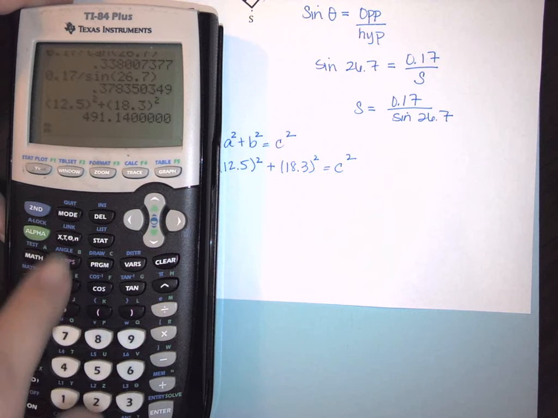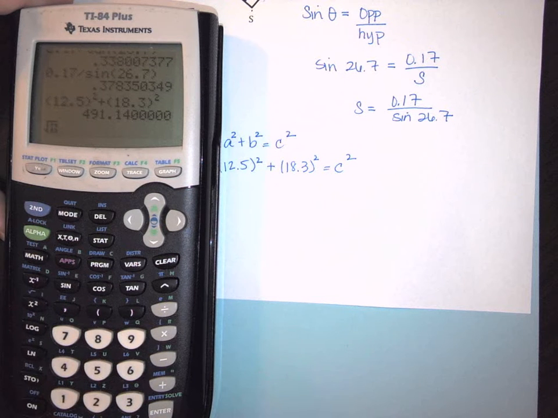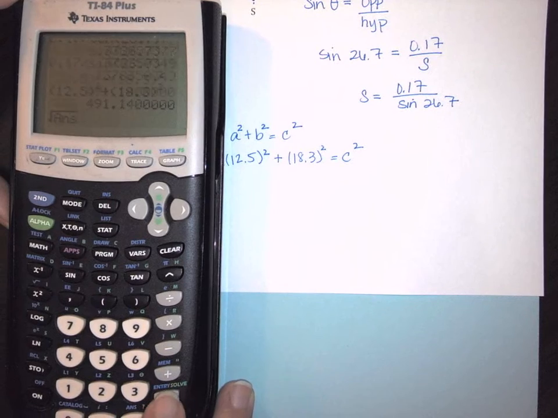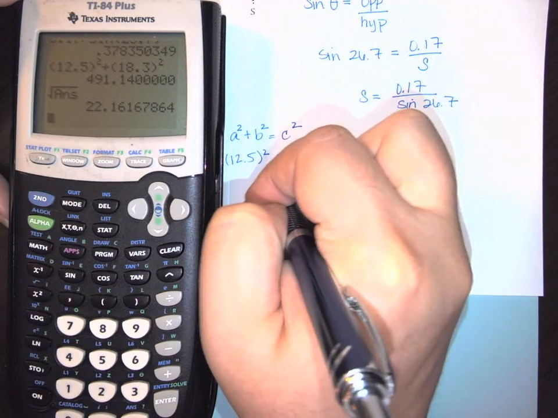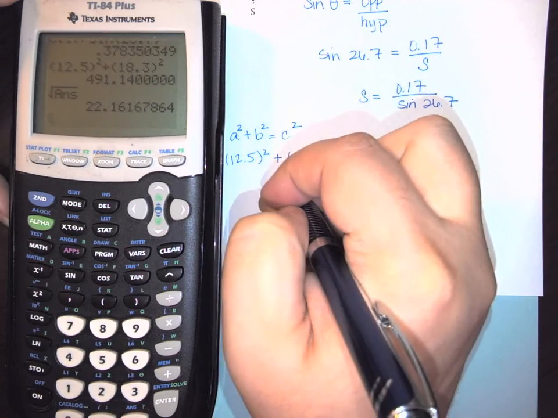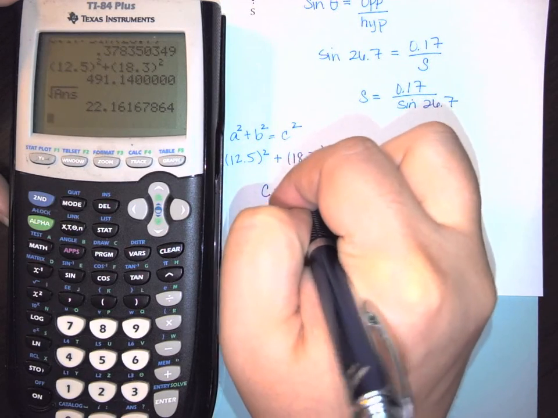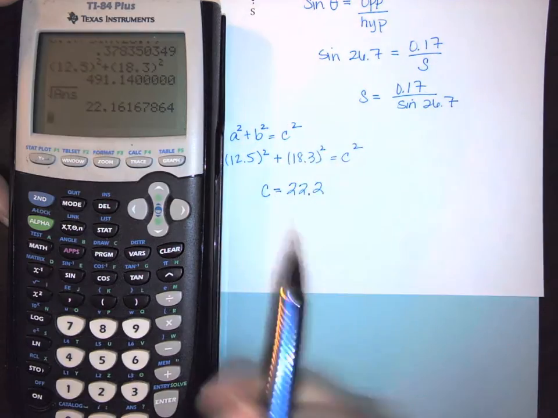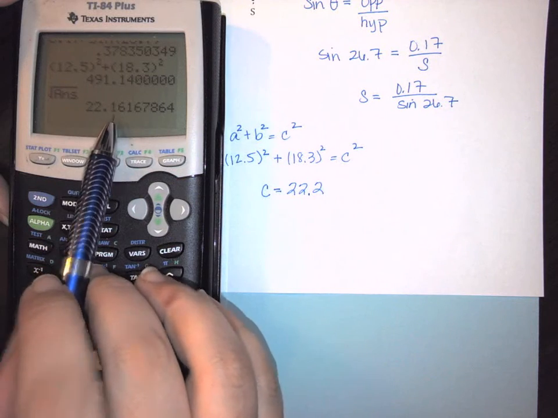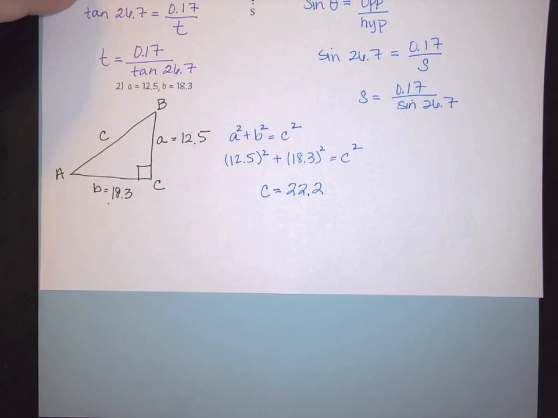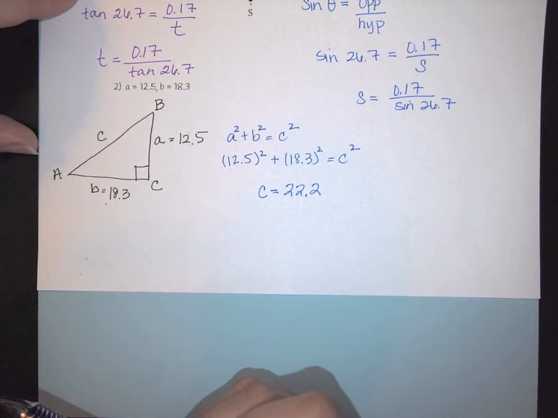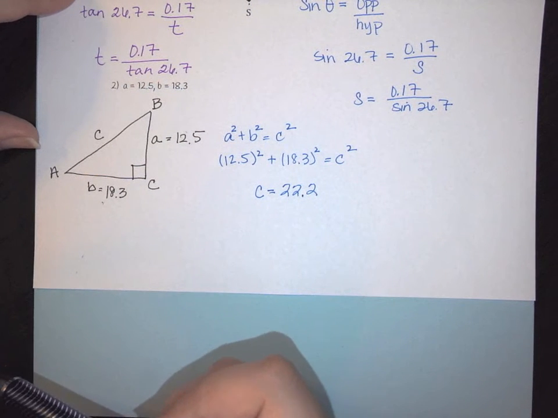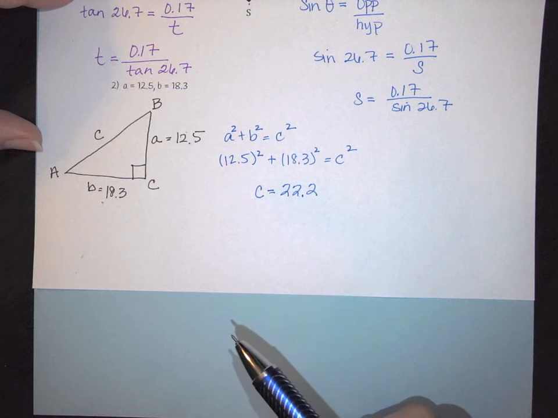So you're going to take the square root of your answer and hit enter. And so here we're going to end up with c being 22.2. Now I rounded to my first decimal place purely because all of my other digits were like that. You always want to make your answers look the same. So now I've got my first length.